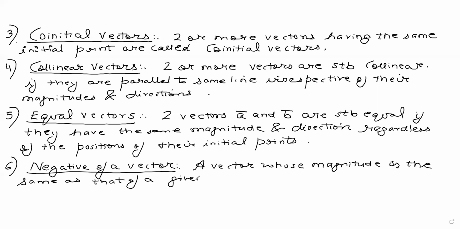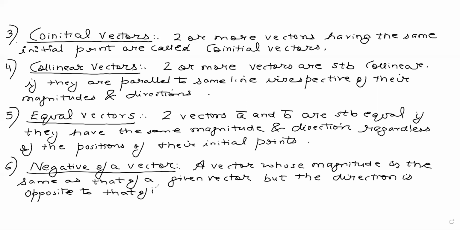A vector whose magnitude is the same as that of a given vector, but the direction is opposite to that of it, is called the negative of a vector.